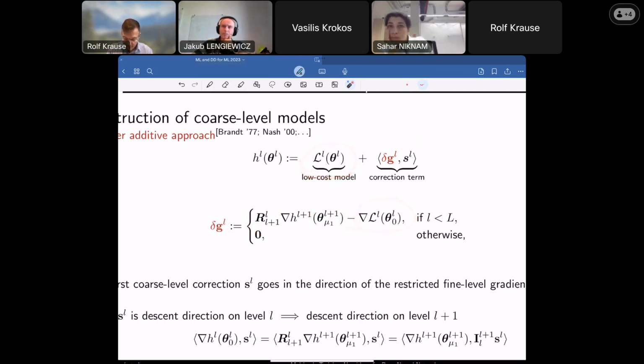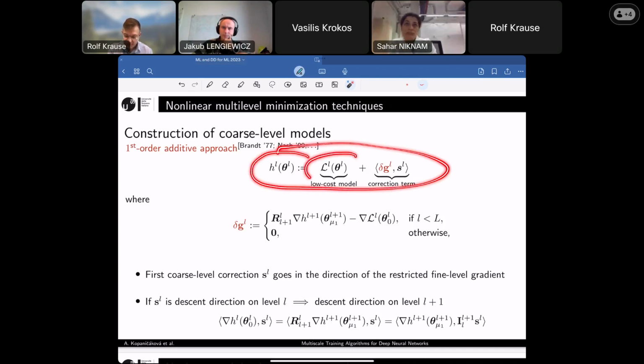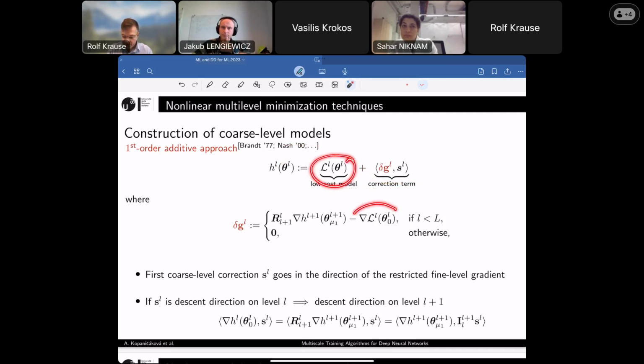And what does it do? It simply says, if you look at the gradient of your new model, which consists of your chosen model and this first order correction, you see that the gradient of this one and this term cancels.